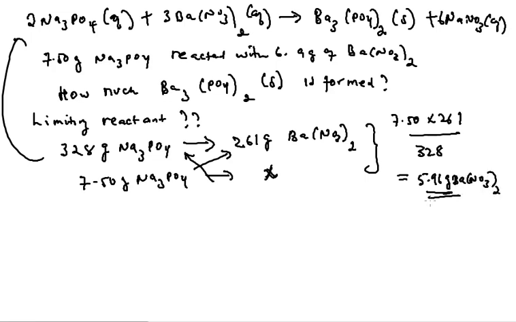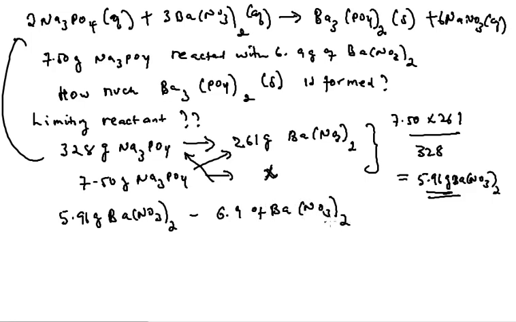Now I'm going to compare this value, 5.96 grams of barium nitrate, with the given value, which is 6.9 grams of barium nitrate. So for 7.5 grams of sodium phosphate, you basically need 5.96 grams of barium nitrate.